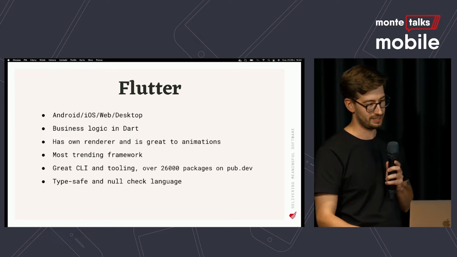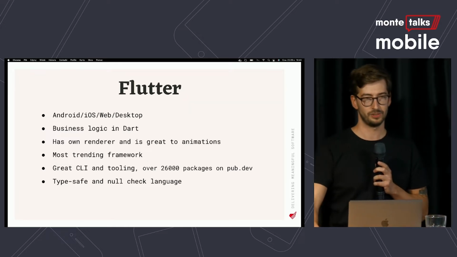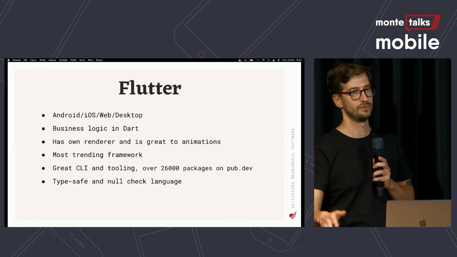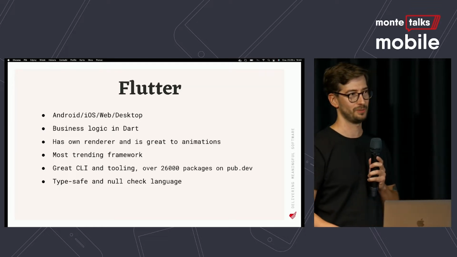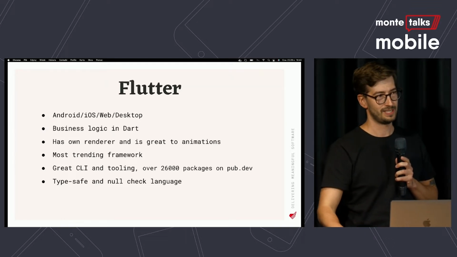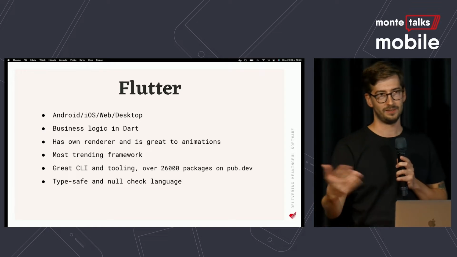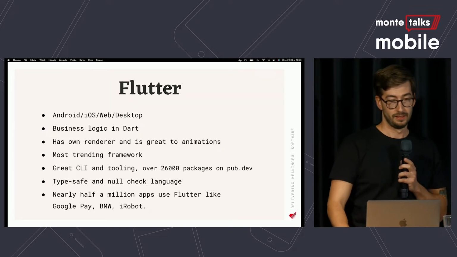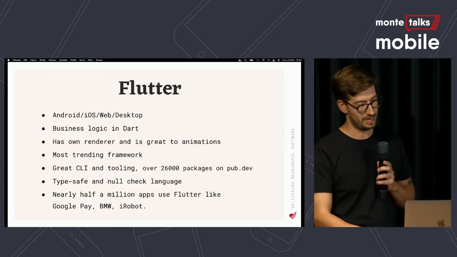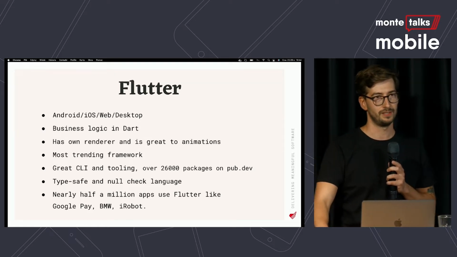Thanks to Dart, this is a type-safe and null-safe language, which really improves the quality of the code and how we write it, and it's also safe in terms of how we write the code. There are already 500,000 apps that use Flutter.